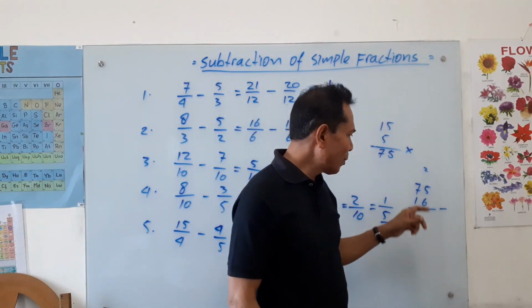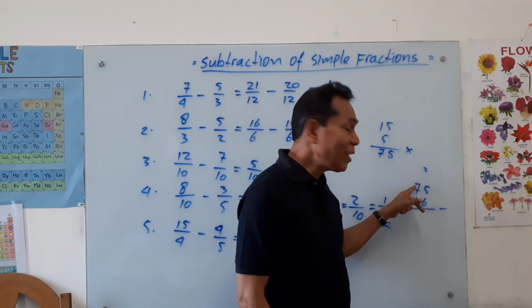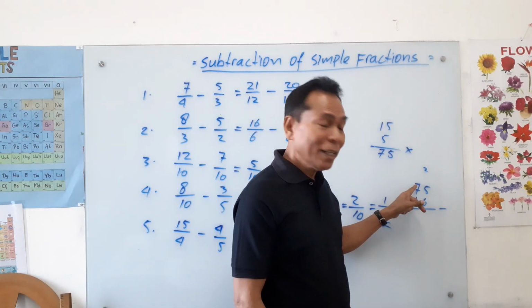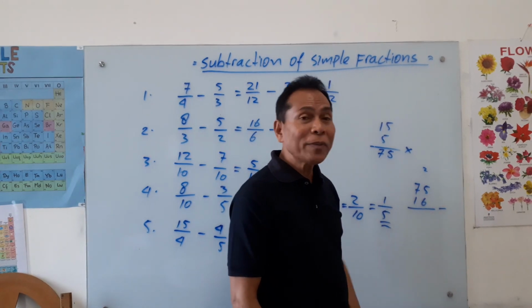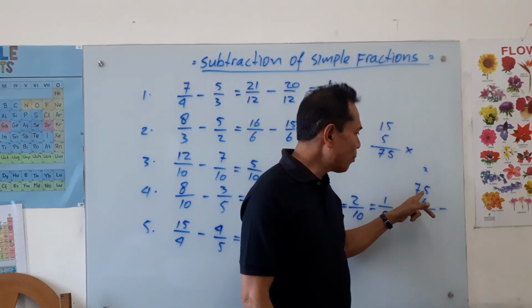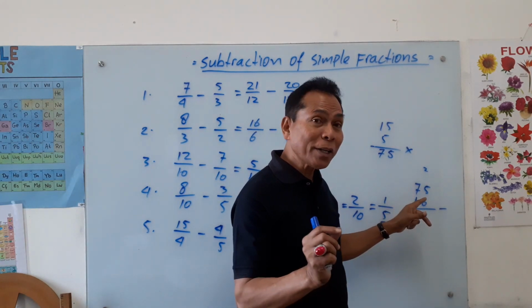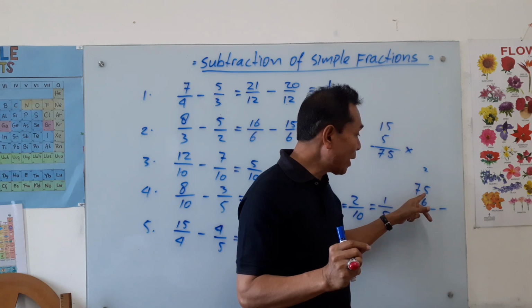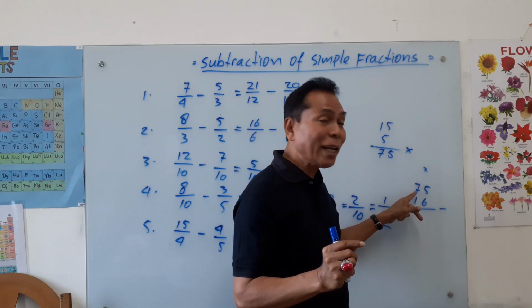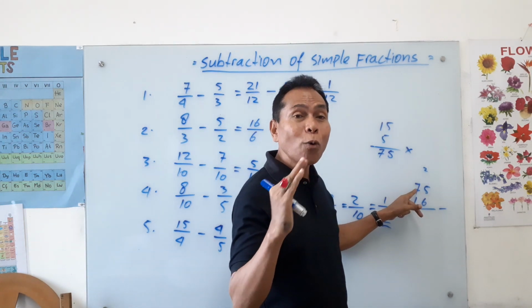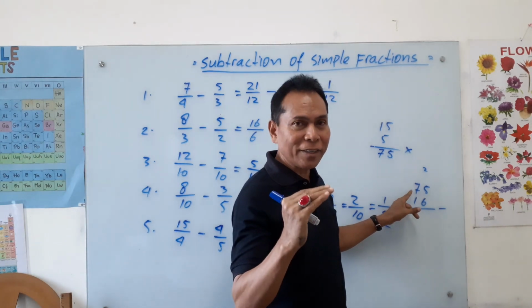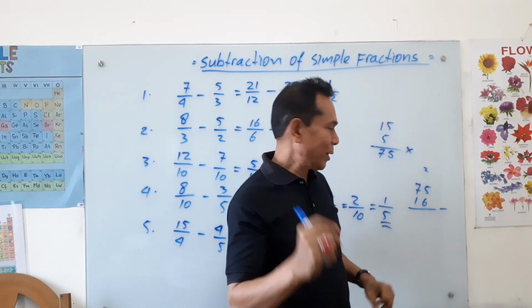To work this out, you borrow 1 from here, 1 from 7. You take 1 from here to make it 15. So this becomes 15. Remember, children, because you take 1 from here to make it 15, this one is now 7, no more. But it is 6. One more time.